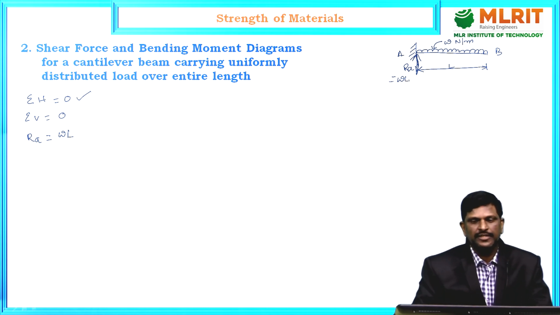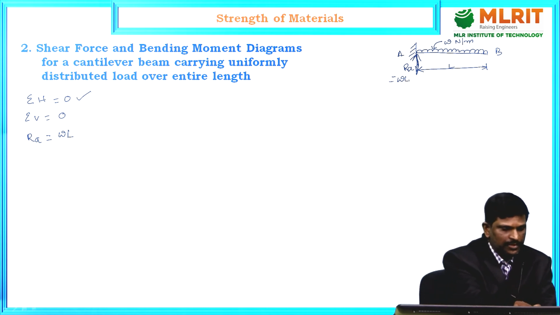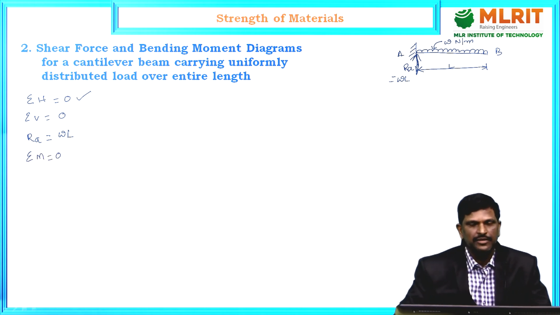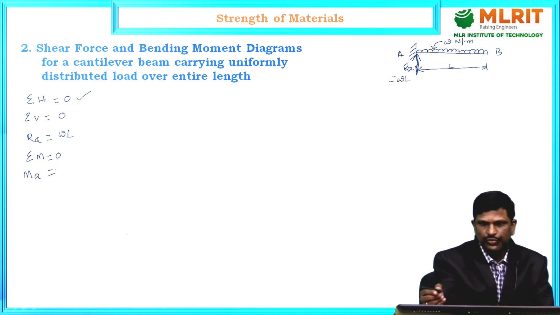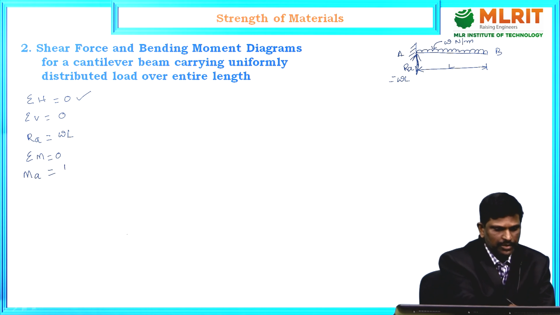Now, let us find the reactive moment. Sigma M equal to 0. The sum of moments about any arbitrary point in the plane is equal to 0. Now, I will consider the moment about A. MA is equal to WL, the total load, which is supposed to act at the center of the UDL.